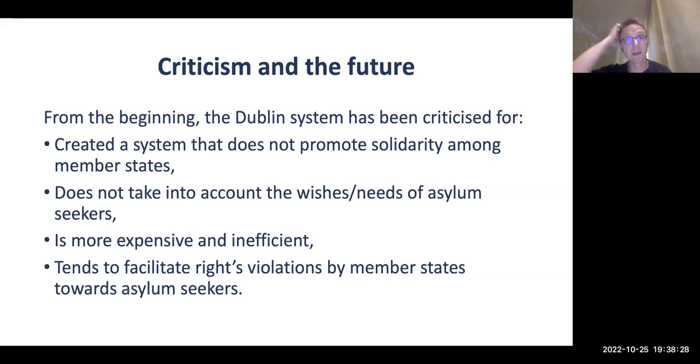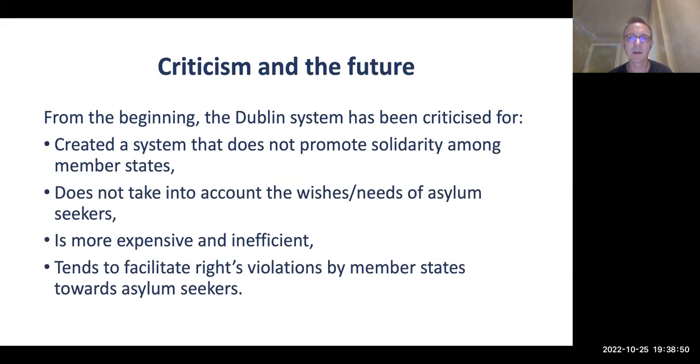The wishes and needs of asylum seekers are not taken into consideration at all. As I mentioned in the beginning, in one of the questions, the European Parliament tried to change this. Fortunately, it has been blocked. It is actually more expensive. I'll come to it in a second with some figures. It is not working at all.